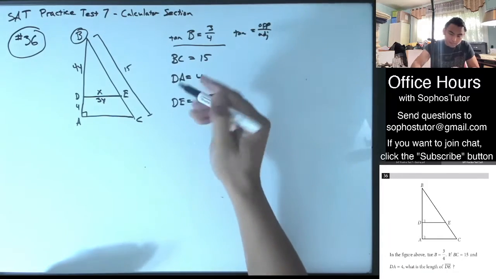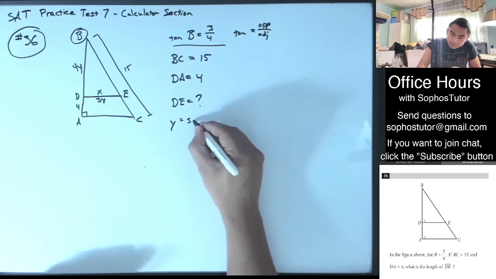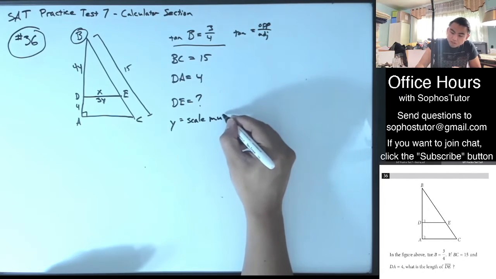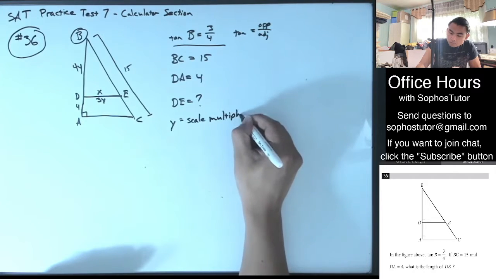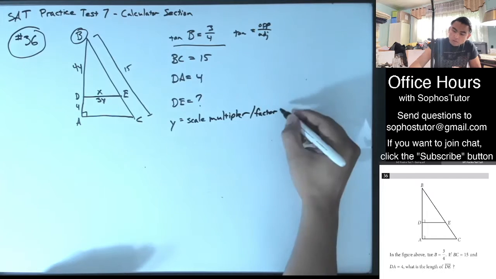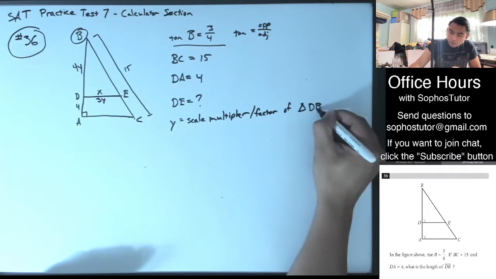With y, in this case, being the scale multiplier or scale factor of the triangle DBE.